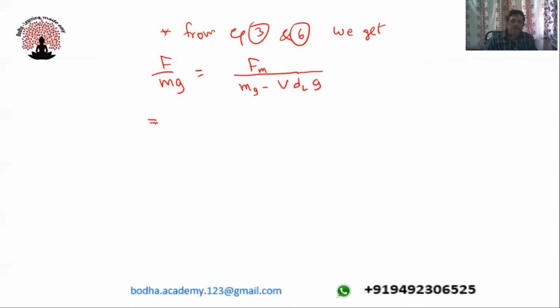Or this I can write as F by Fm is equal to mg by mg minus volume into density of liquid into g.